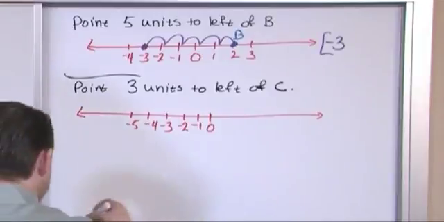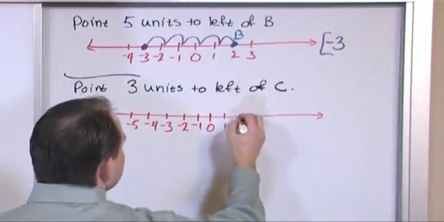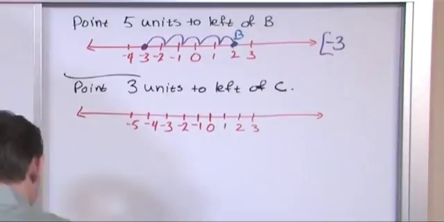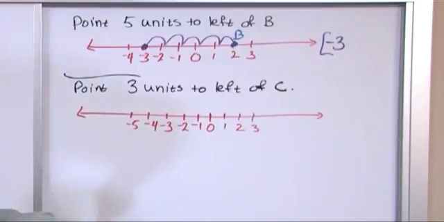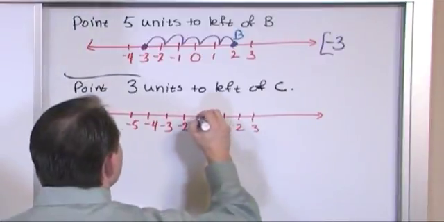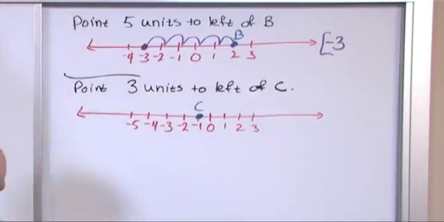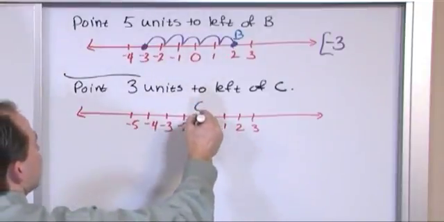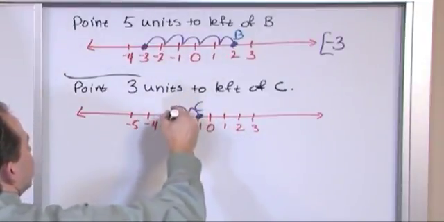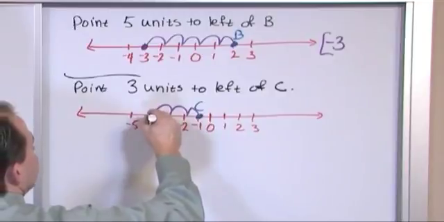Don't forget these, 1, 2, 3, on and on forever. Now let's say point C is located right here at negative 1. So the question is, what point is 3 units to the left of the point that we've labeled here? You start at the point you have and you go 3 units. 1, 2, 3. And you've landed on negative 4.